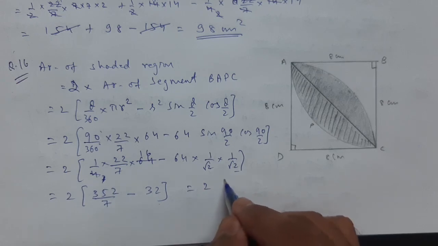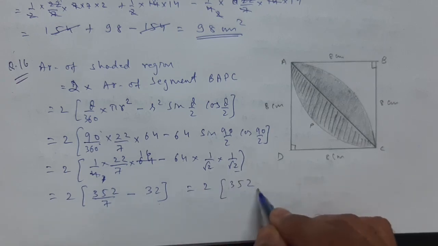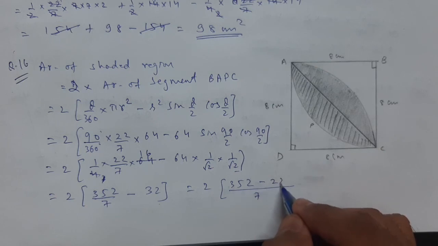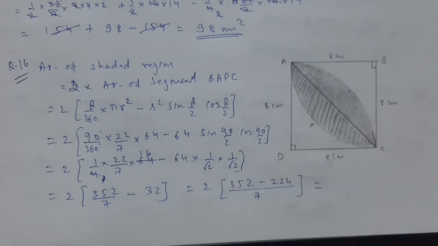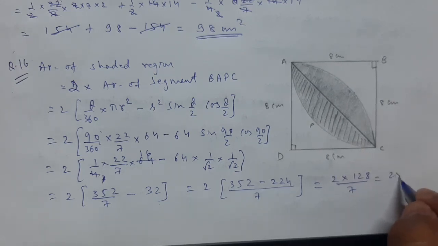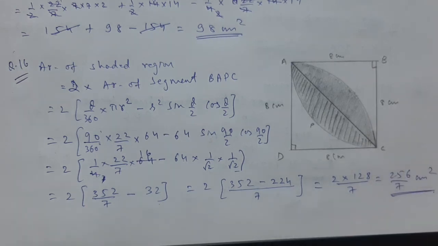That is equal to 2 multiplied by 352, if we take the LCM, then we get 224 minus 352 will give you 2 into 128 by 7, that is equal to 256 by 7 centimeter square.